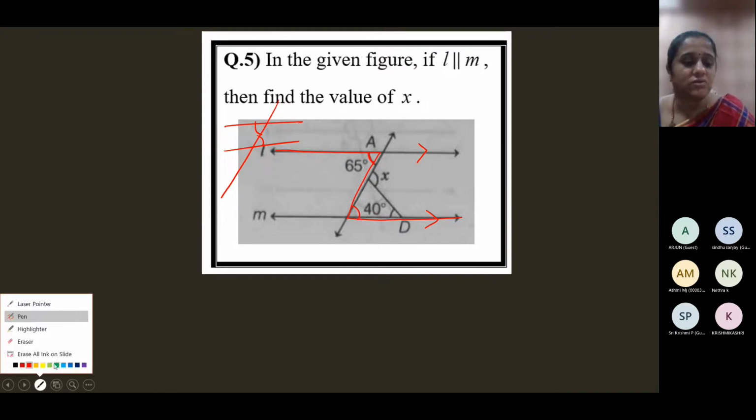Alternate interior angles are equal. So if this is 65, this is also 65. This angle and this angle form a pair of alternate interior angles, so this angle is equal to 65 degrees.